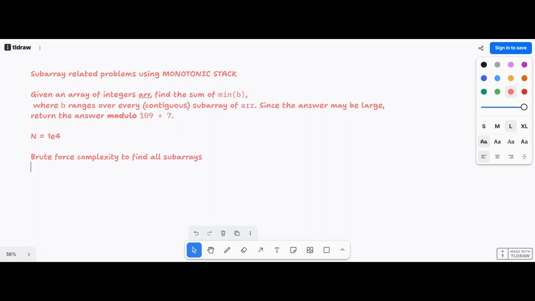Now, if you have forgotten what subarrays are, let me take an example. This is the example.